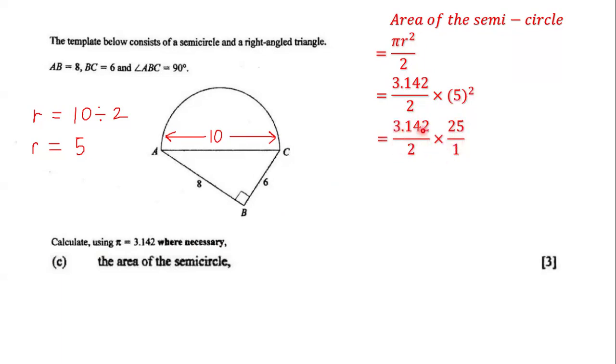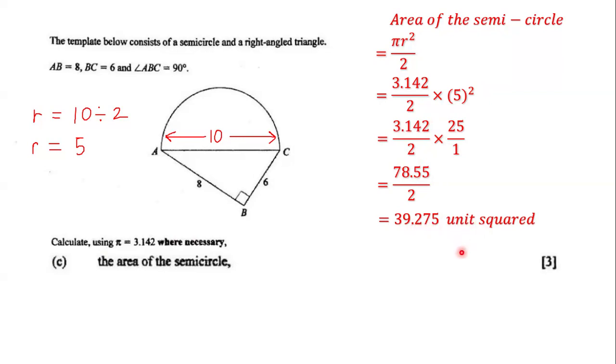So we have 3.142 divided by 2 multiplied by 25 over 1. Next, we see 3.142 times 25 gives us 78.55. 2 times 1 is 2. And we divide these together, we get 39.275 units squared. And so this is our answer, 39.275 units squared.